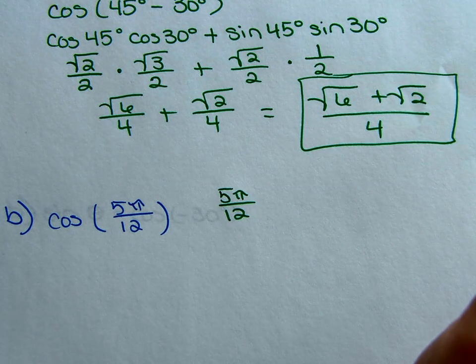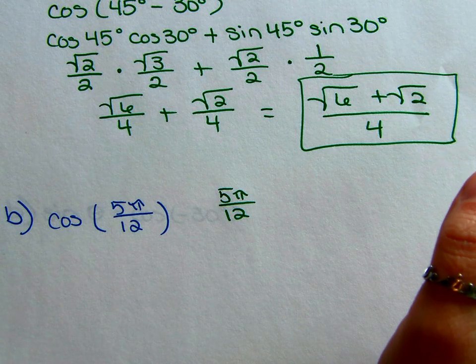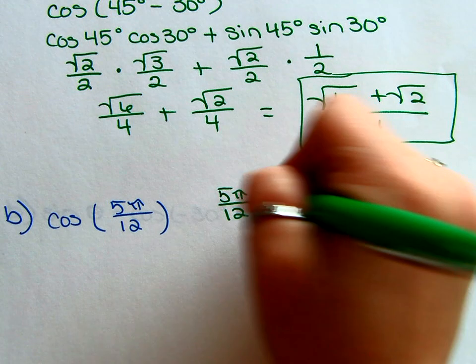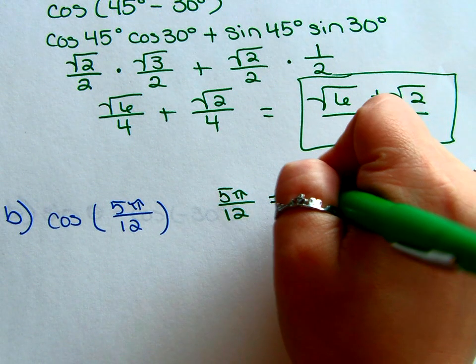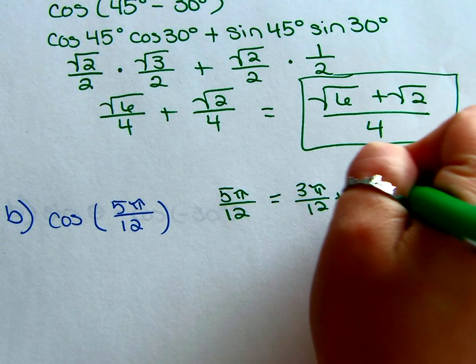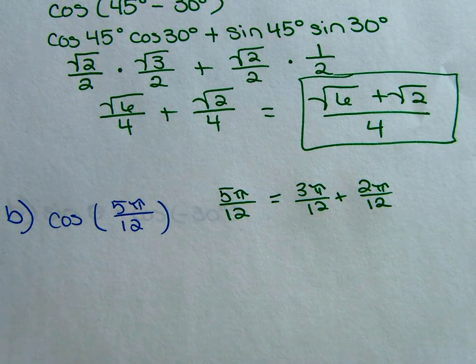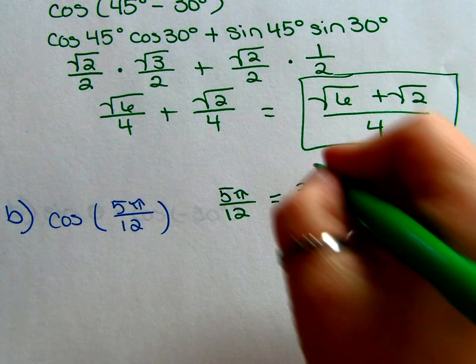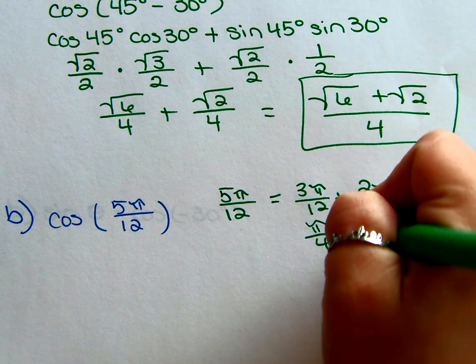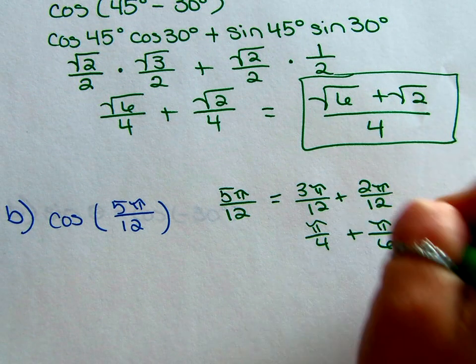Let's break that apart. If I try to do a sum with it, that would be 3 pi over 12 plus 2 pi over 12, yeah? If we add those together, we get 5 pi over 12. But those simplified are pi over 4 and pi over 6.